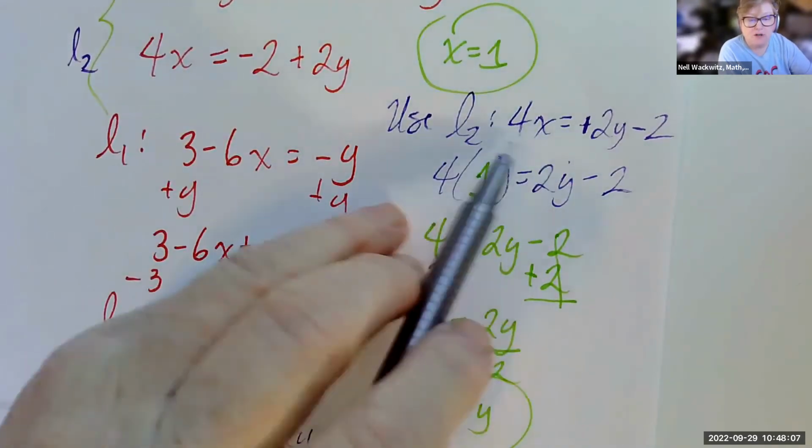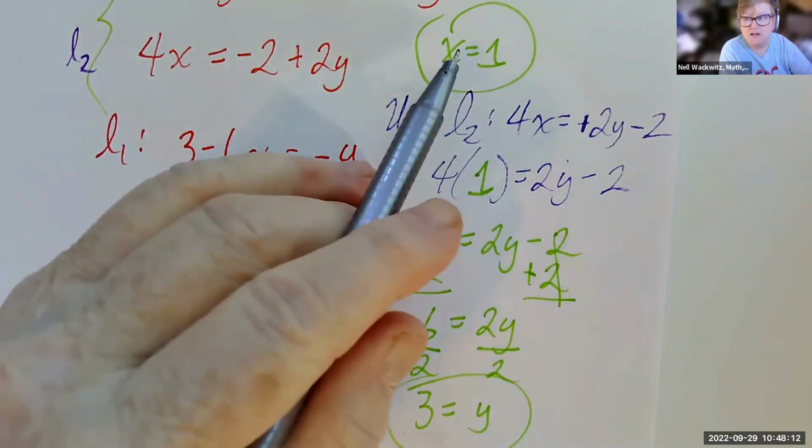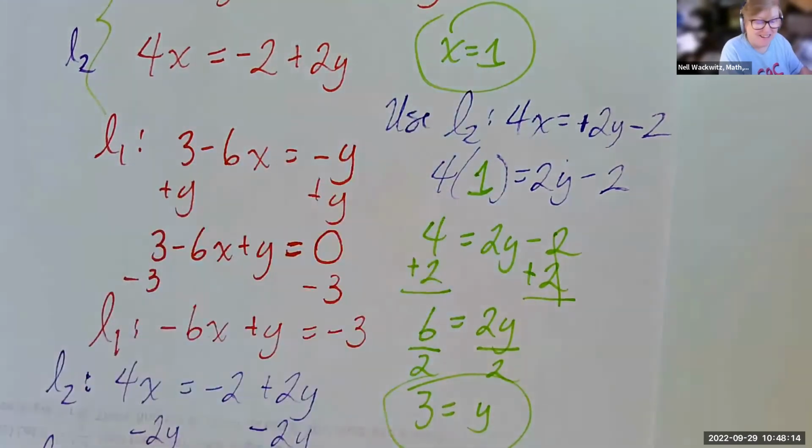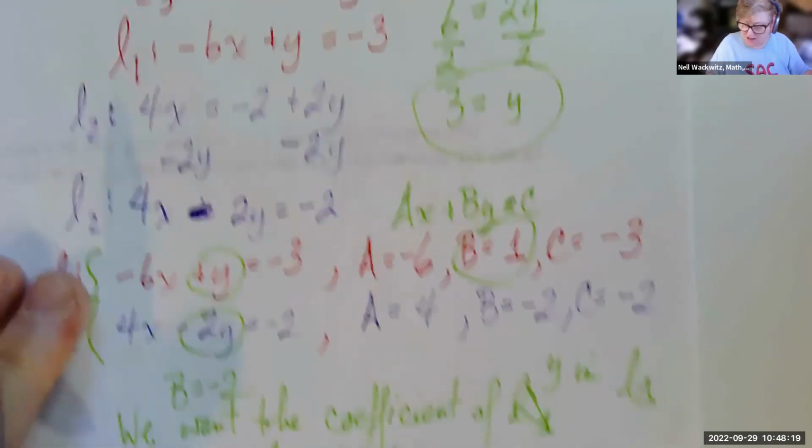We use line 2 to find y using our value for x. Yes, that's right, Julia. So we have to check in line 1.